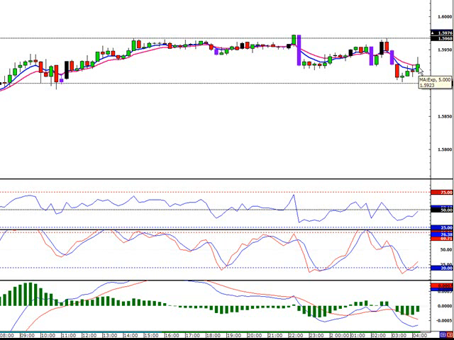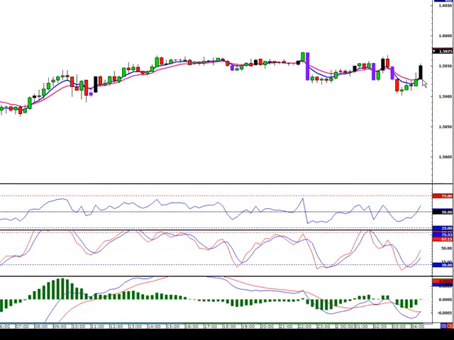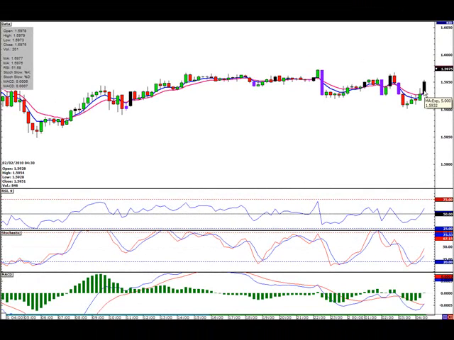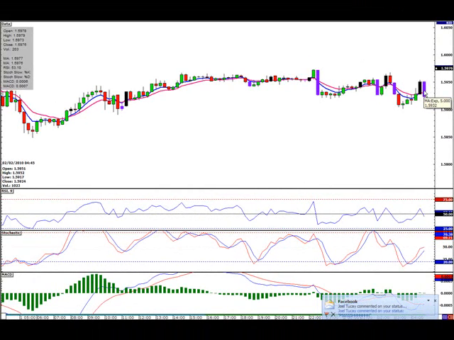So at this point, just exit as best as you can to break even, or even with a pip or two of profit, because you know that this one's kind of a busted trade. So you just want to exit there. I got it at break even because we know news is coming out. And here's our news candle, and you can see that it did pay off for us to just cut our losses. So we just keep moving on.